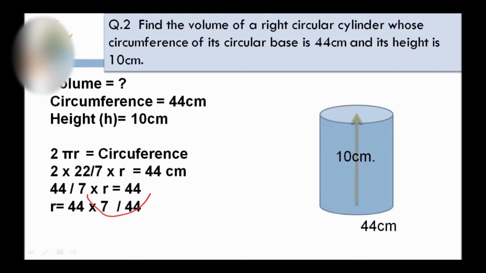Now 7 will come on the right side and will be multiplied, and 44 will be divided on the other side of equality. Now we know that radius is 7 centimeter because 44 will cancel 44. Now we can find volume.